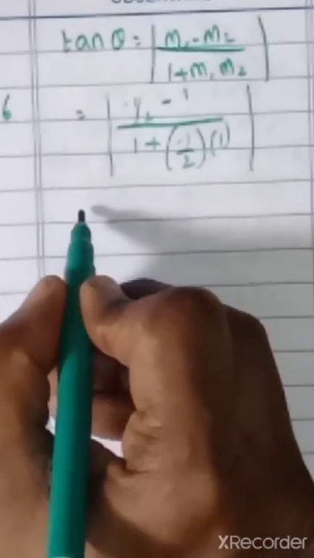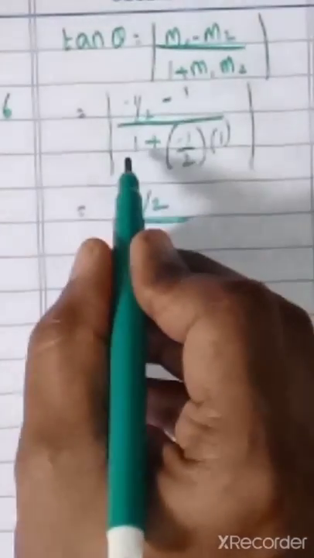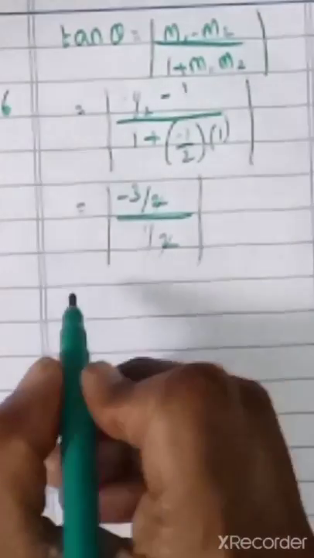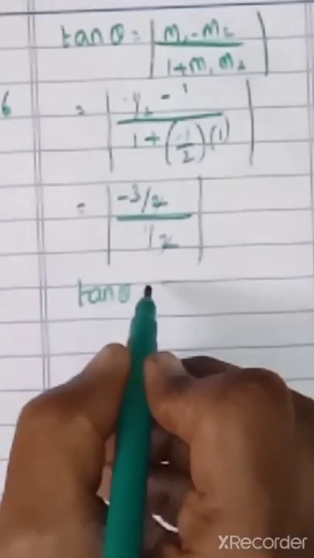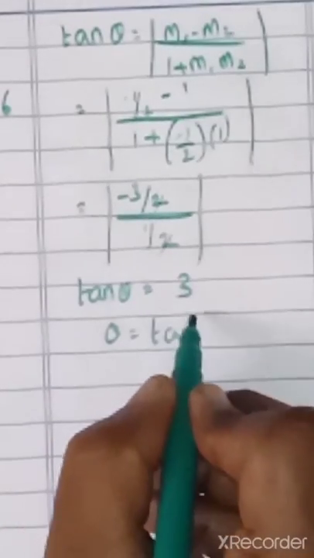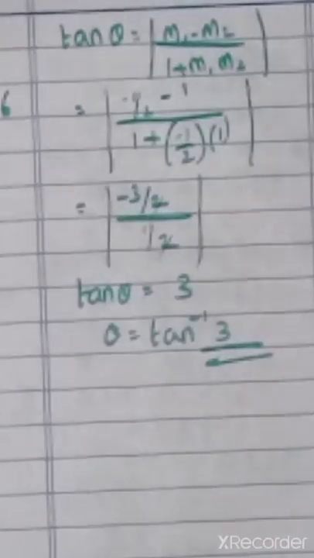If you simplify this, you will get minus 3 by 2 divided by 1 by 2. This 2 2 will get cancelled. Since it is modulus, minus will go off. So tan theta equal to 3. Therefore theta is equal to tan inverse of 3, which is your final answer.